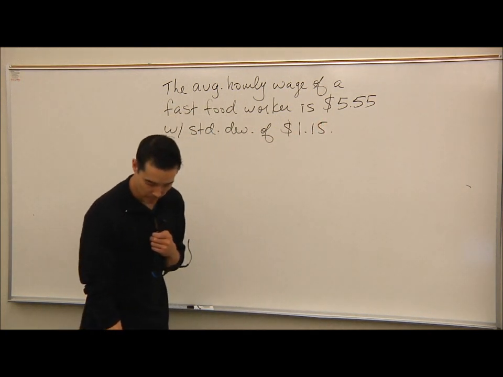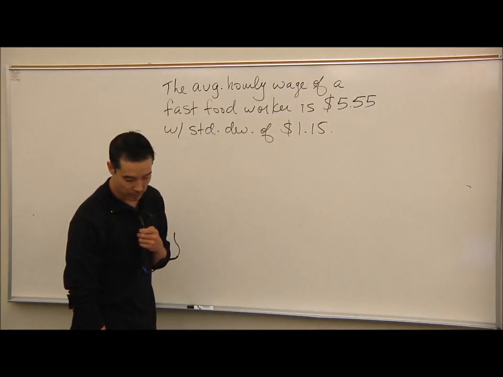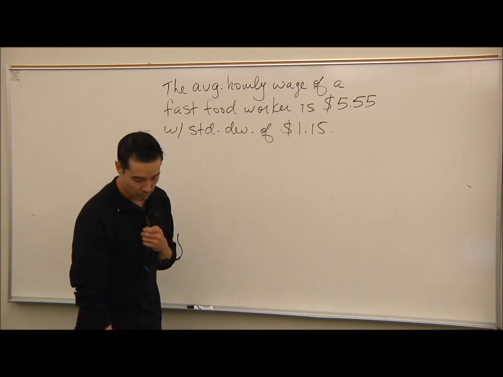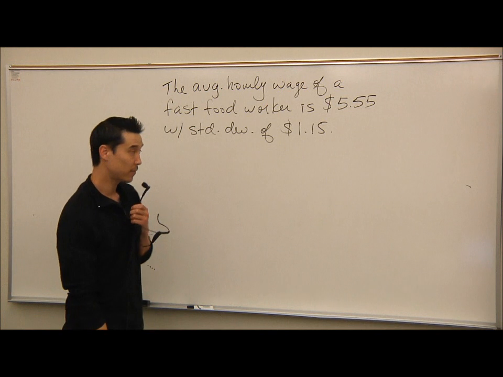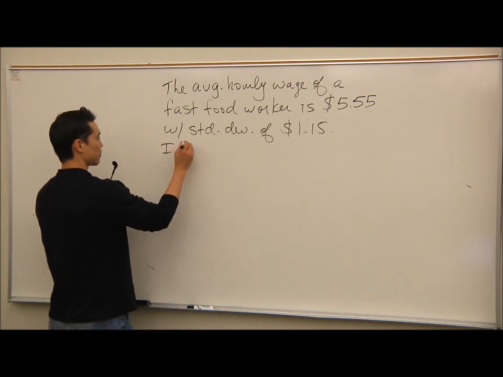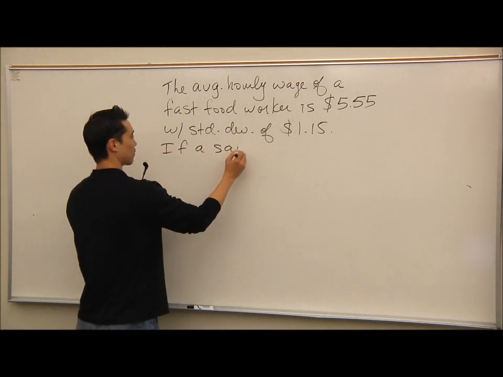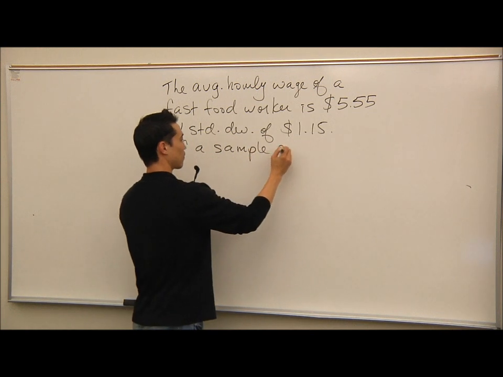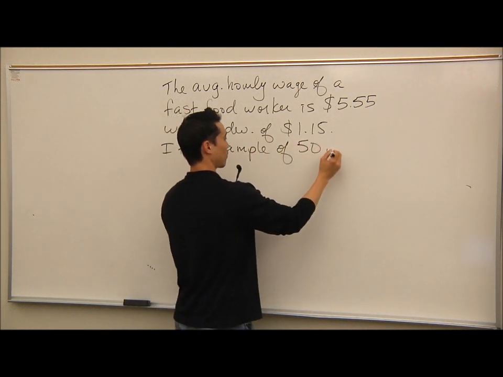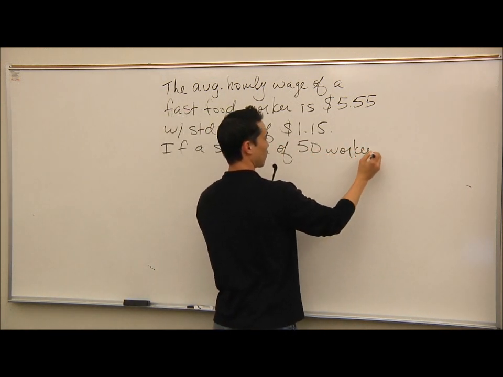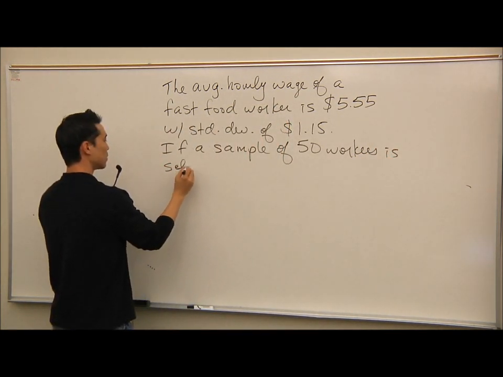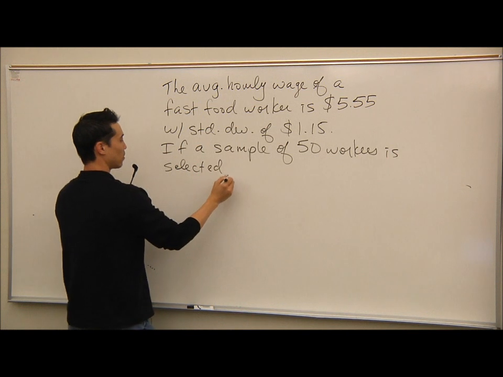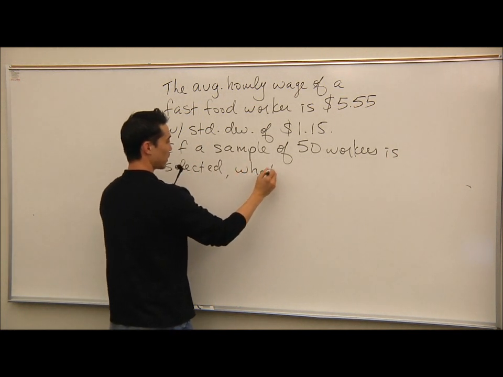If a sample of 50 workers is selected, find the probability the mean of that sample will be between 525 and 590. If a sample of 50 workers is selected, what's the probability?